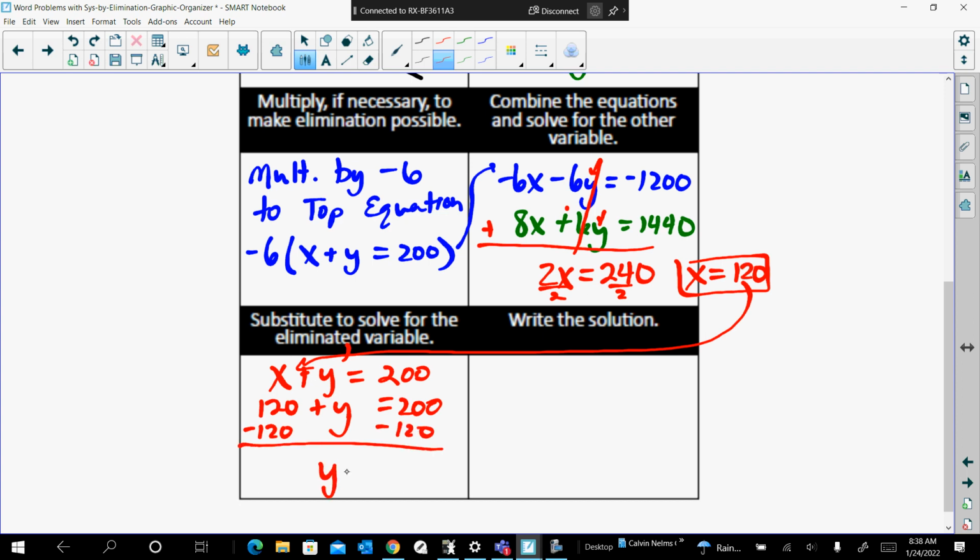Yeah, y equals 80, which is the number of child tickets. Okay. So our solution: we had 120 adult tickets and 80 child. Okay.